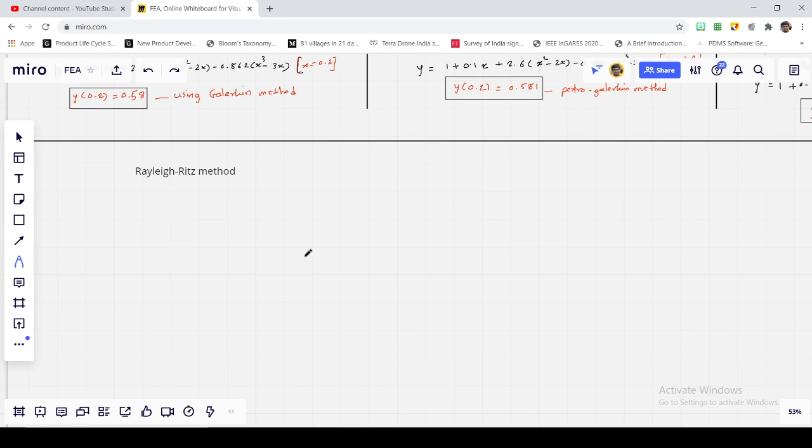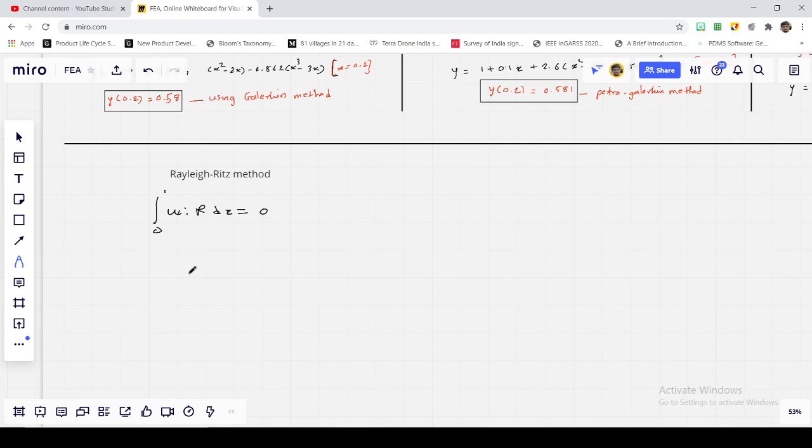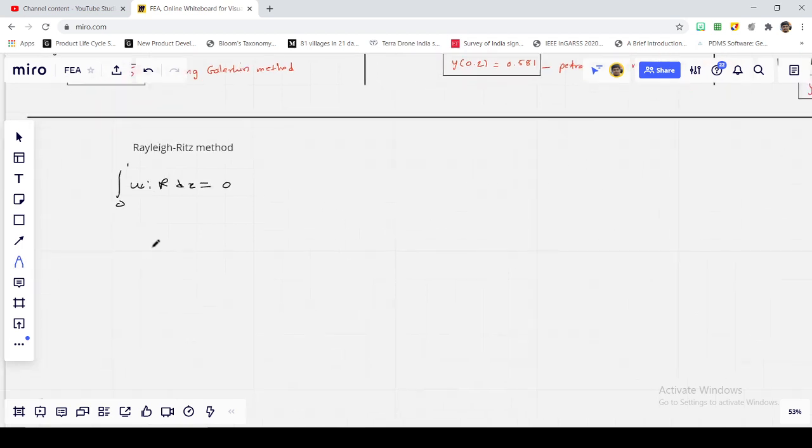The important thing which we need to understand is that in Rayleigh-Ritz methods you start with integration 0 to 1 wi r dx is equal to 0. And what is this? This is your weight function. So weighted integral form, and we will be starting with this weighted integral form for the Rayleigh-Ritz method.